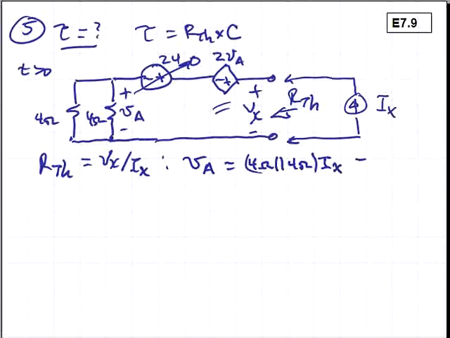And this is equal to 2Ix, for the two 4 ohms in parallel form a 2 ohm equivalent resistance.